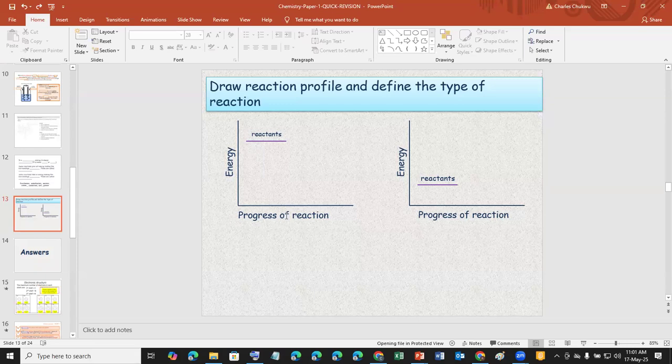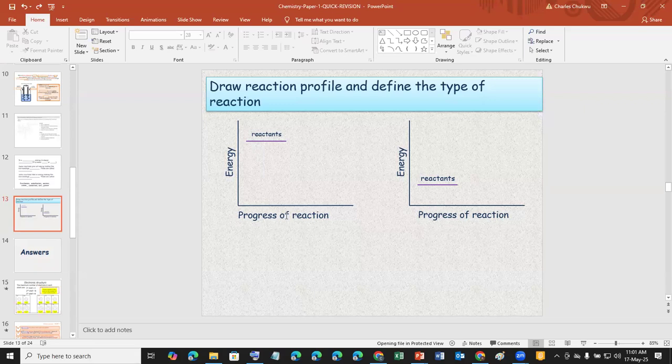Just follow my process of thought, okay? The heat was originally inside the reactants, but when they combine together to form the products, the heat of the product will now reduce. Why? Because that heat that was in the reactants was given off into the surroundings.